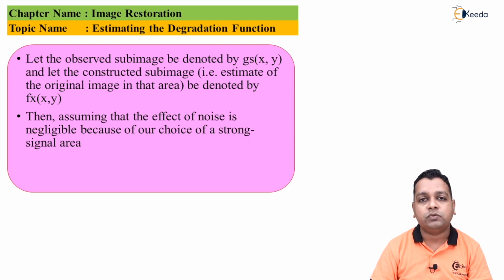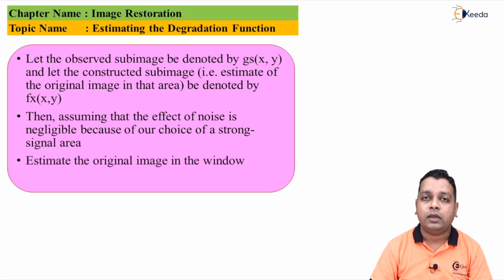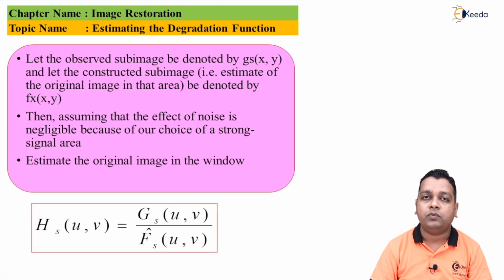Then we can assume that the effect of the noise is negligible because of the choice of strong signal area, and estimating the original image in the window, we have the representation of the function H_s(u,v) as the ratio of G_s(u,v) to F̂_s(u,v), with the cap over its head, for the parameters u and v in frequency domain notation.